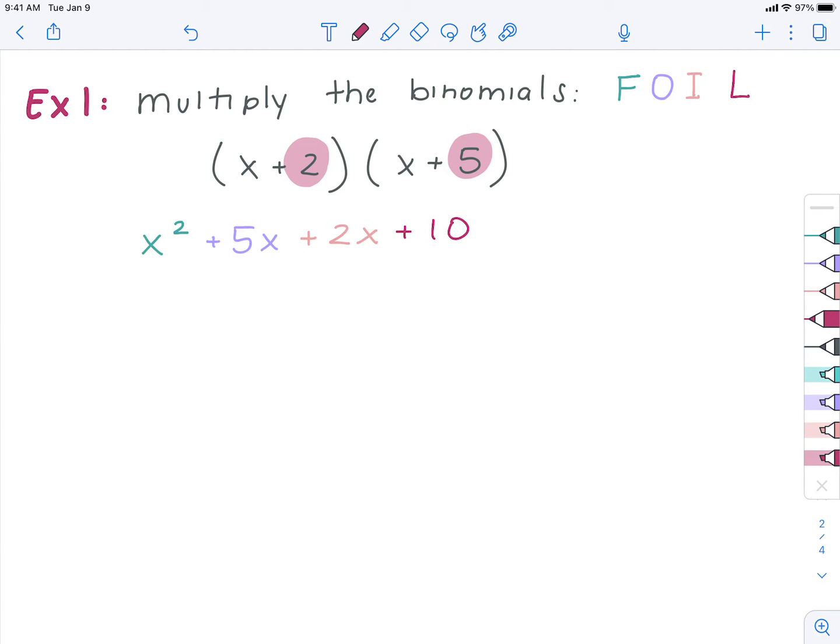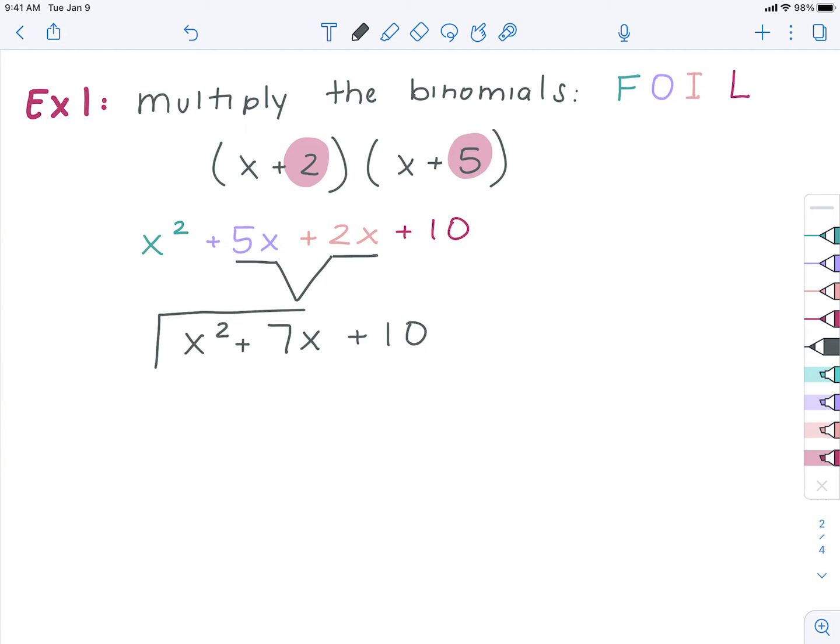So now that I've done my first, my outer, my inner, my last, I've multiplied all those things together, I just want to look at this polynomial that I have for an answer, and I want to collect any like terms. So I see right off the bat that I have a 5x and a 2x, so I know I can add those together, and 5x plus 2x gives me 7x, and then I'm just going to bring down my positive 10 and my x squared.